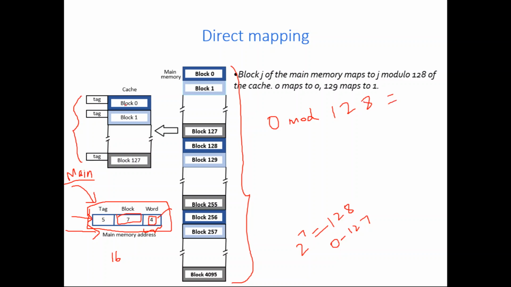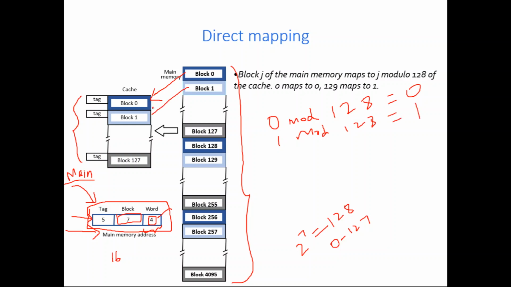Block 0: 0 mod 128 is 0, so it will go to the 0th block. Block 1: 1 mod 128 is 1, so it will go to block 1.